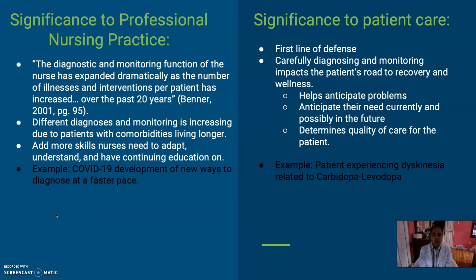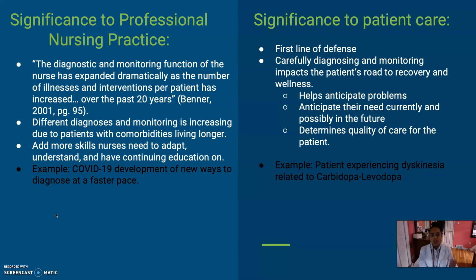Significance to professional nursing practice. On page 95 of Bender's book, it states the diagnostic monitoring function of the nurse has expanded dramatically as the number of illnesses and interventions per patient has increased over the past 20 years. It explains how there are different diagnoses and monitoring that are increasing because patients are living longer with comorbidities.